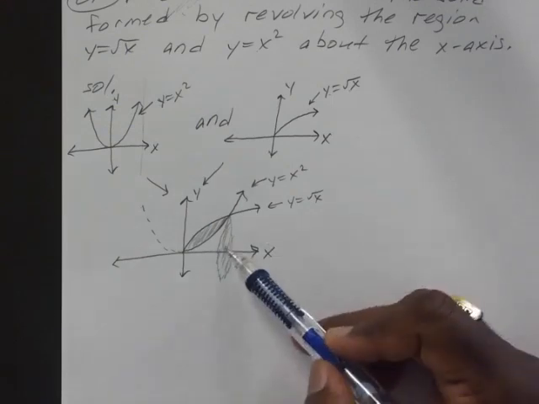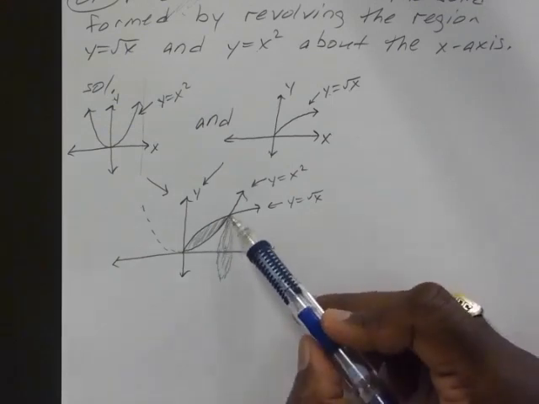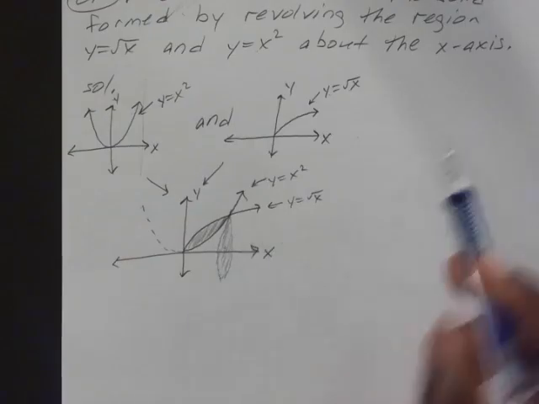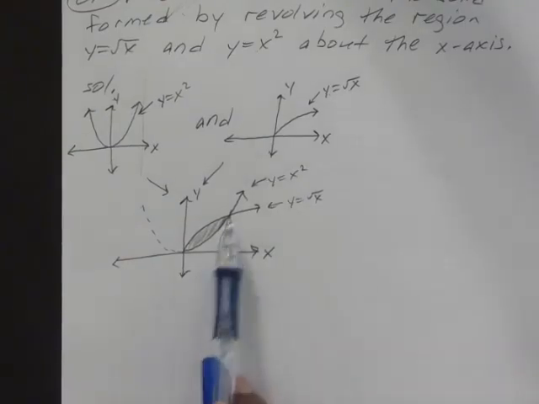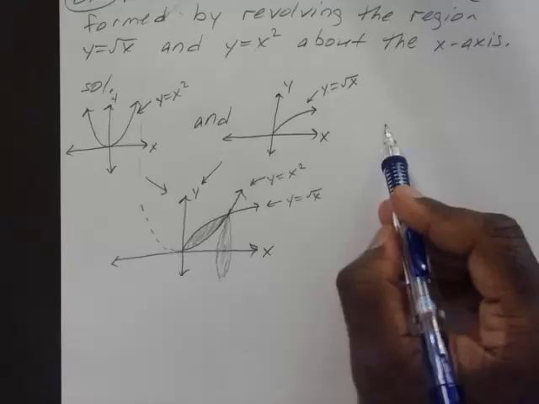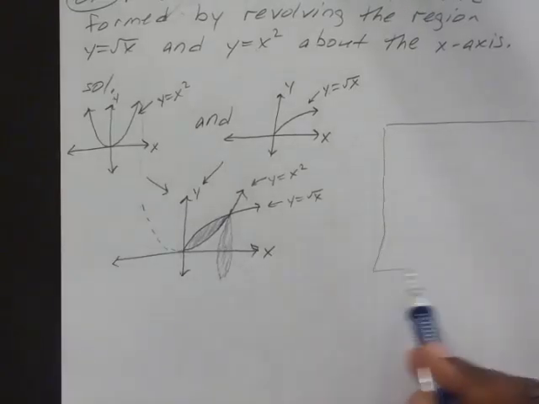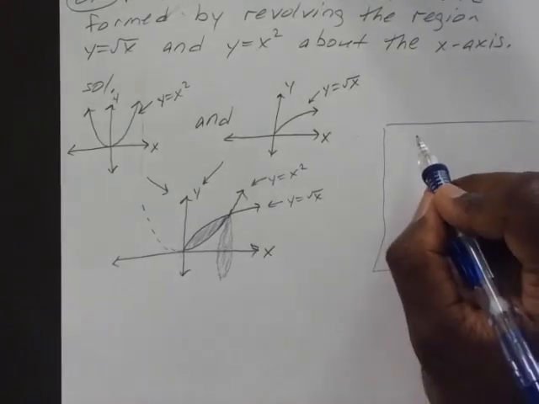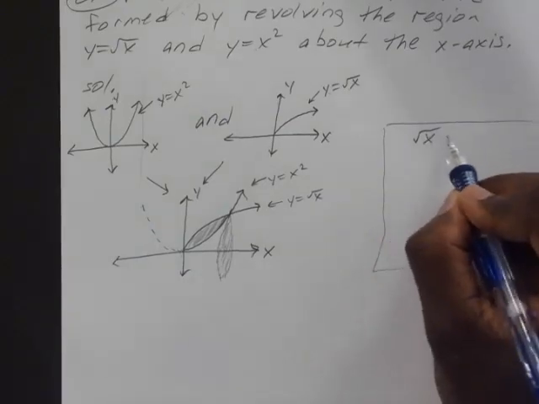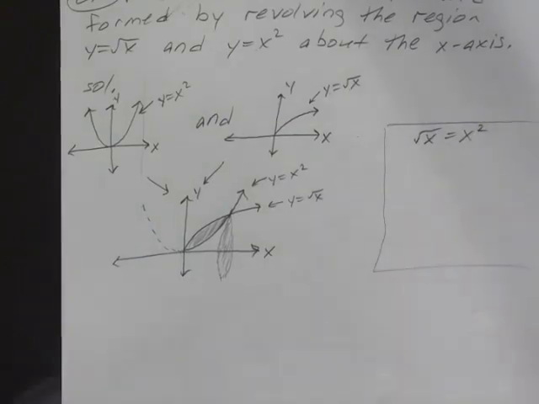So we know that hole will be right where they intersect. So we have to find out our interval, and that will give us the intersections. So we have to find out where square root of x is equal to x squared.